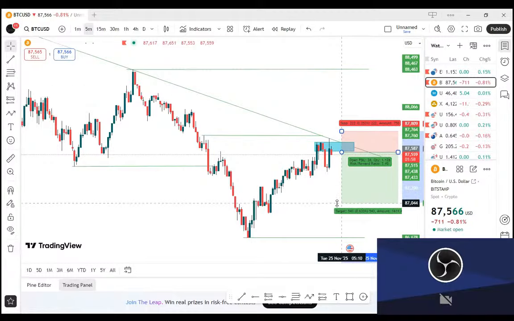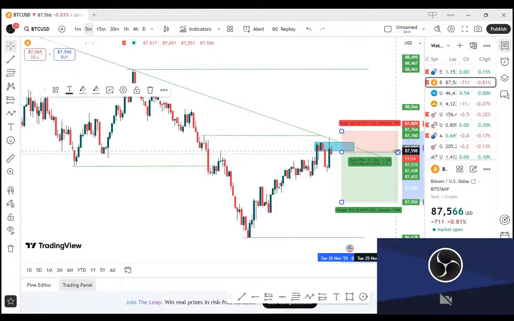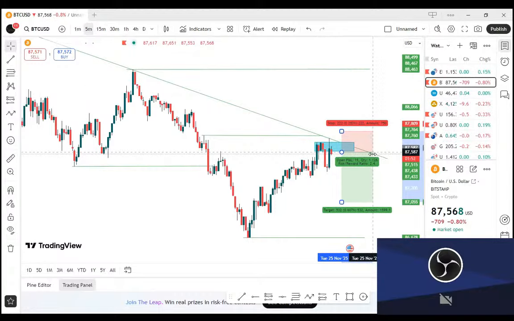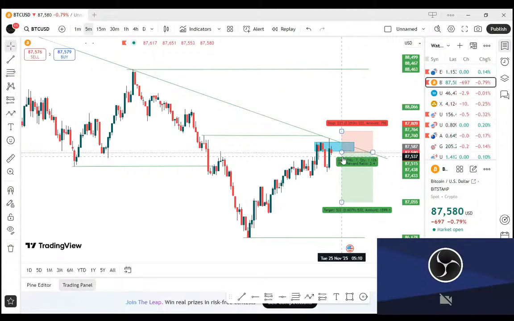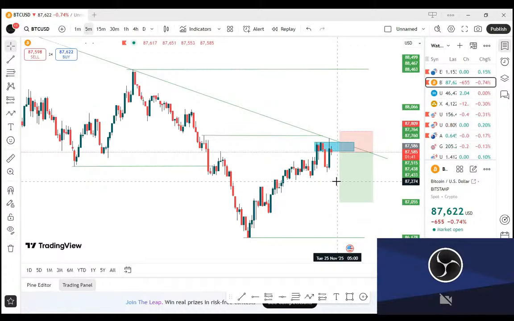Right. If price gives me a bearish candlestick, then I'll have to risk it on that zone.